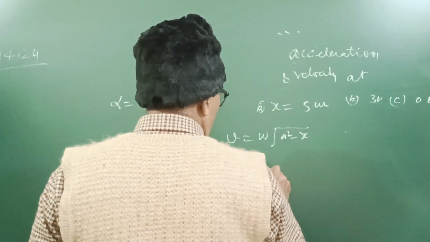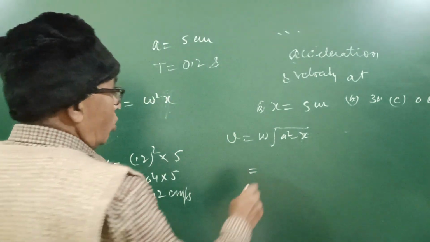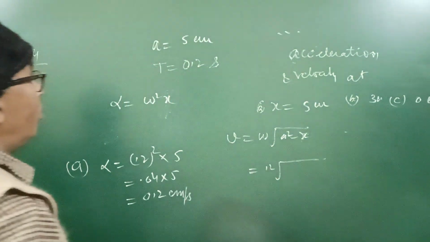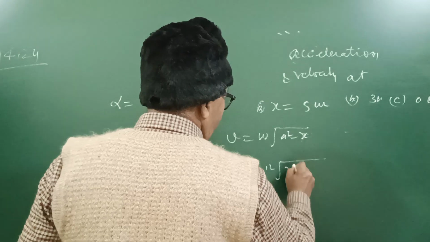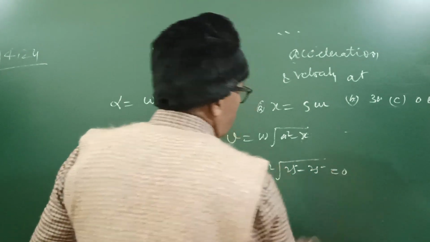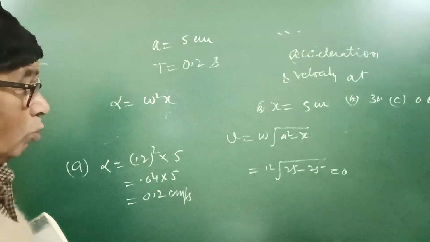Velocity is omega, again 0.2 under root A is 5 centimeter, 25 minus 25, which is 0. You know at extreme position velocity is 0.